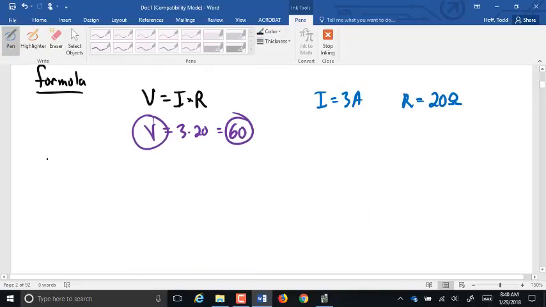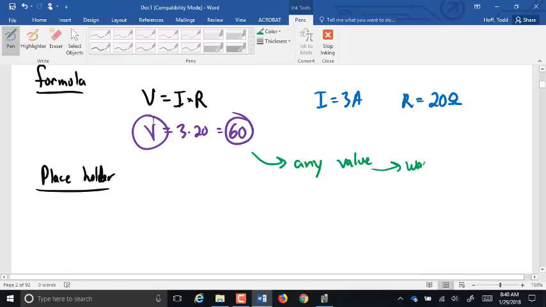We can have it as a placeholder. What that means, now again here, this one up here, each of those could be any value, but here it's more so waiting for a value to be assigned to it. It's waiting for a value to come to it.